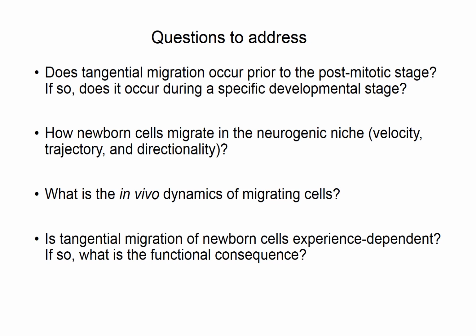And then we would like to address the in vivo dynamics of those migrating cells. And also, more importantly, adult neurogenesis is highly activity dependent and experience dependent. So we want to ask if the tangential migration of newborn cells is also experience dependent. And if so, what's the functional consequence of that?